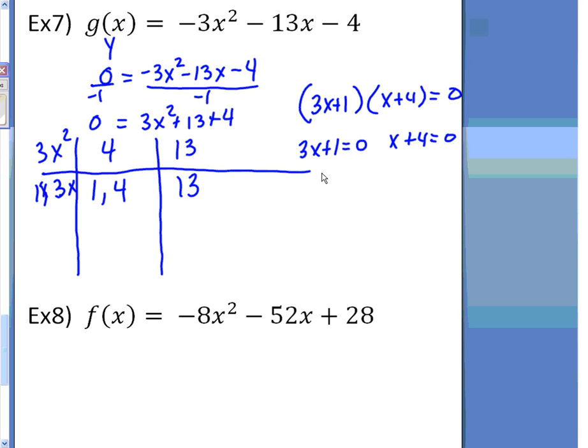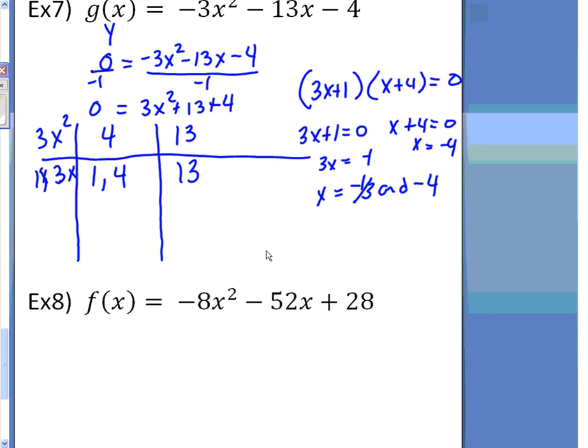Subtract 1 from both sides, we get 3x equals negative 1. Divide both sides by 3, we get x equals negative 1/3. And if we subtract 4 from both sides, we end up with x equaling negative 4. So my other answer is negative 4.